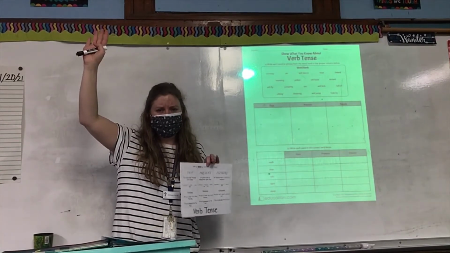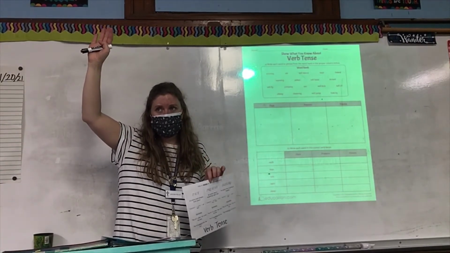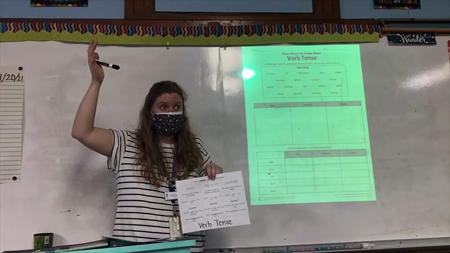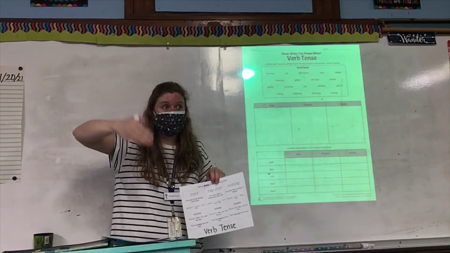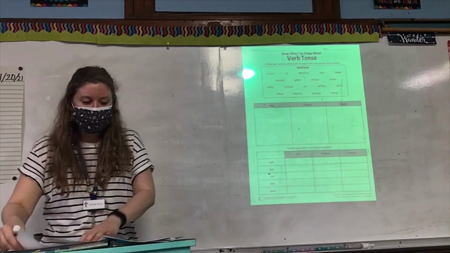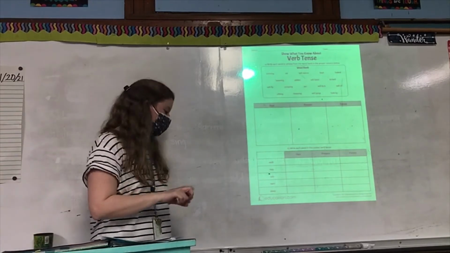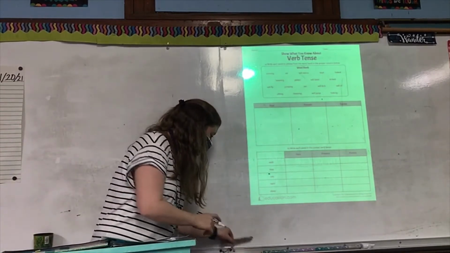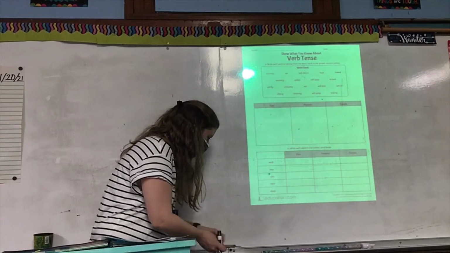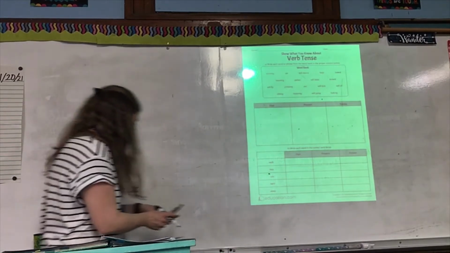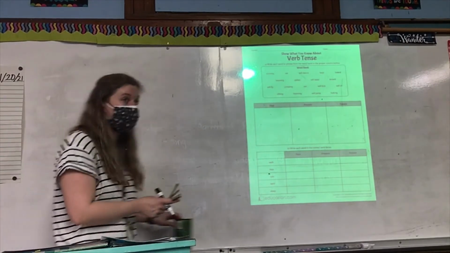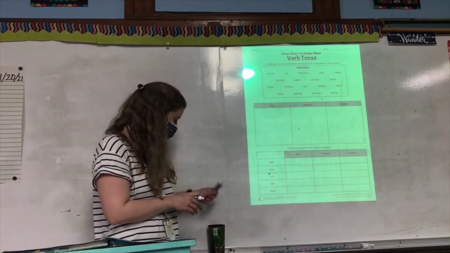What tense is it? Ethan: present. That means it would be a plural subject with a singular verb. So let's go through and choose. Look at the ending. The ending will tell you which verb it is. If there's nothing at the end, then you need to look if there's a word before.